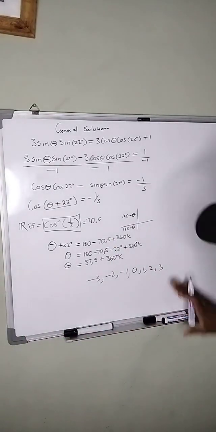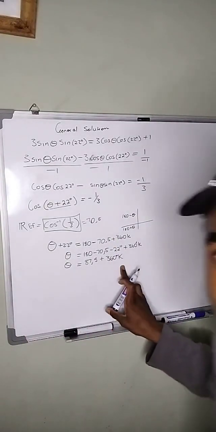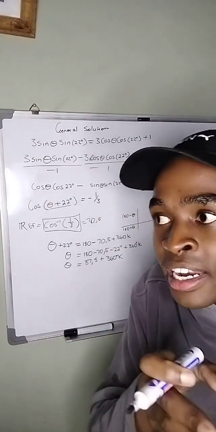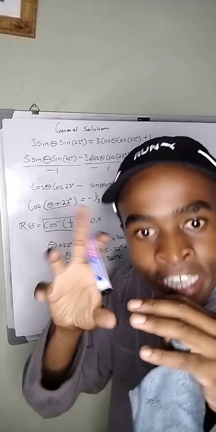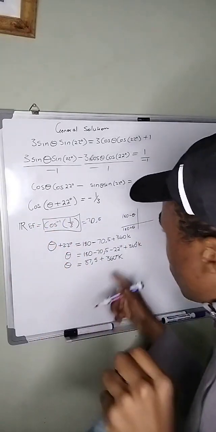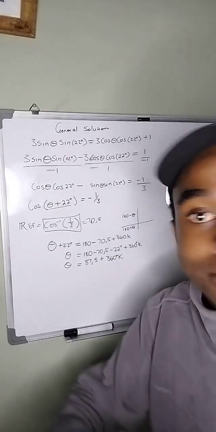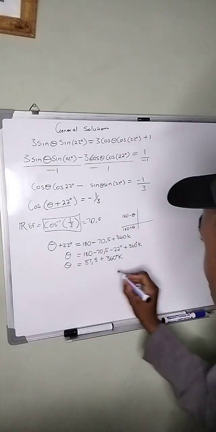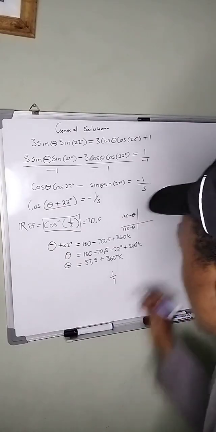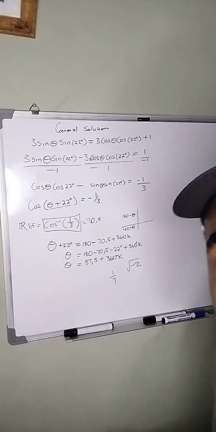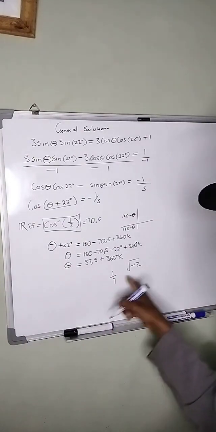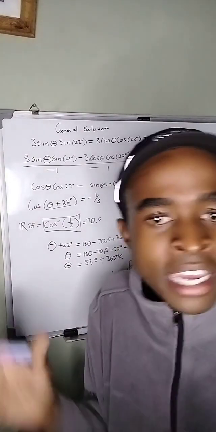So whenever I leave my answer like this, without creating a restriction for this k, it means my k can be any number. It can be 1 over 7, or it can be -2, a rational number, or a non-real number. It means k can be anything.